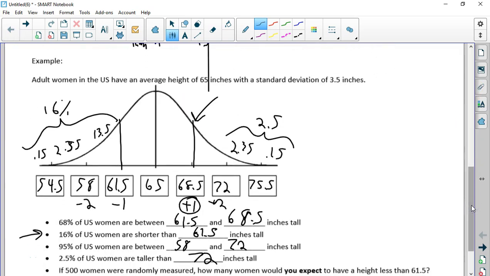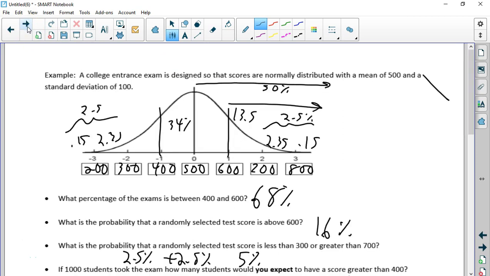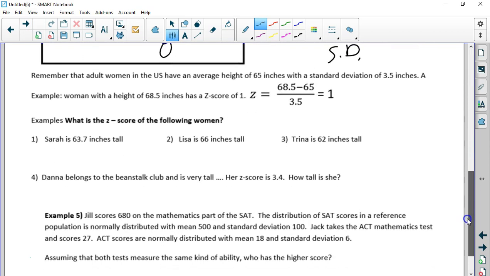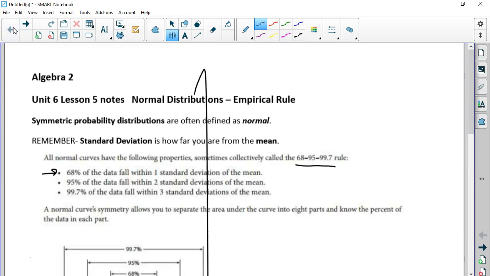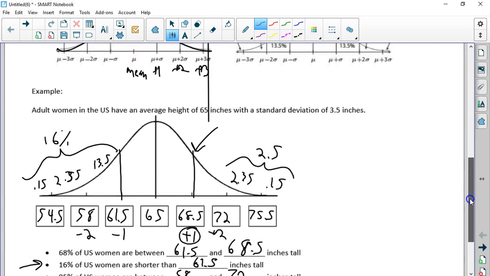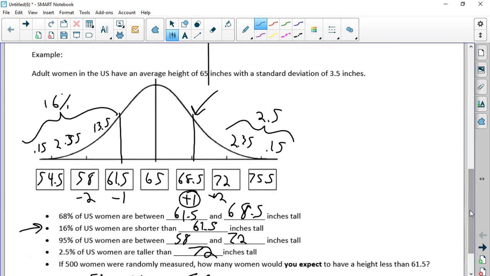So let's see mathematically why that is. If we do 68.5, the actual score, the actual value, minus the mean, divided by the standard deviation, we end up with 1. So now we're going to find the in-between. So let's go back to our graph real quick. 63.7. We're not going to do it for all of them, but 63.7, where would that be? It's a good idea to get an estimate.